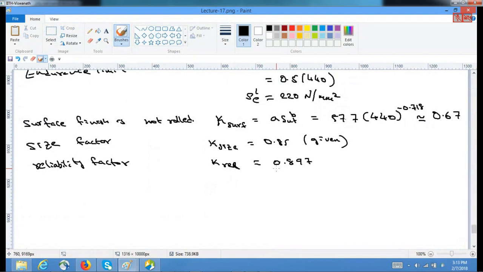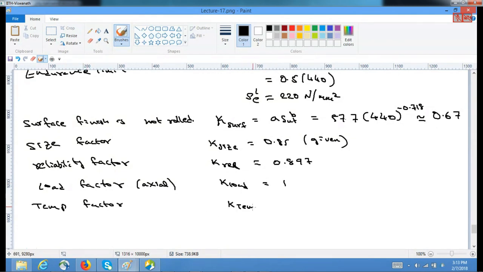And load factor: since it is axial loading, K load is equal to 1. Temperature factor: since no temperature has been mentioned, K temp can also be taken as 1.